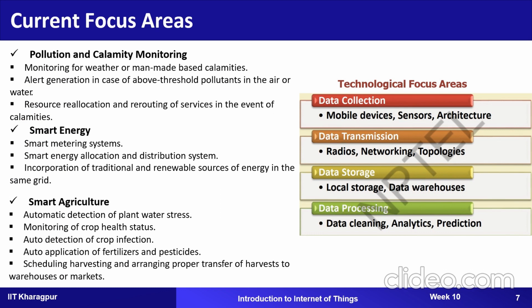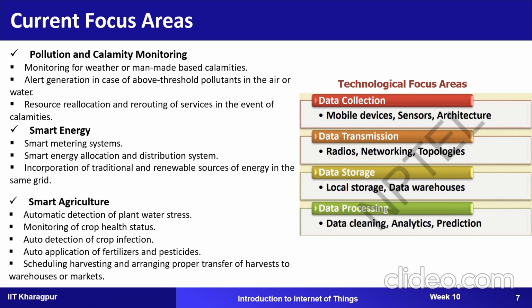Then the smart agriculture. The first one is automatic detection of plant water stress. With the help of smart agriculture you can detect whether the crops are getting the proper amount of water or not, and whether they are getting proper nutrition or not. You can also detect if some intruders are trying to intrude into your agricultural fields.